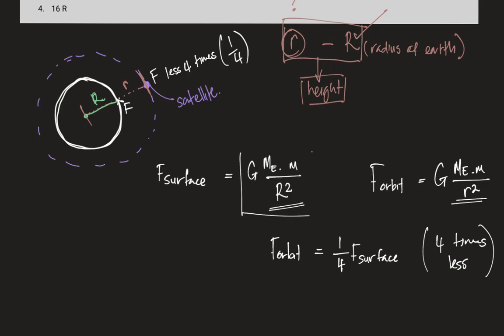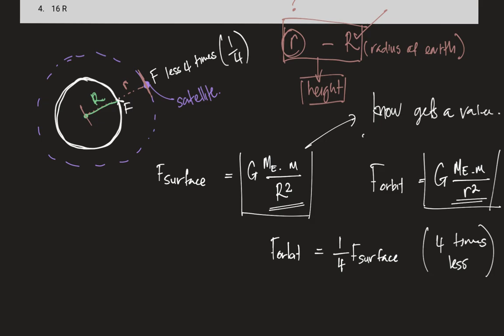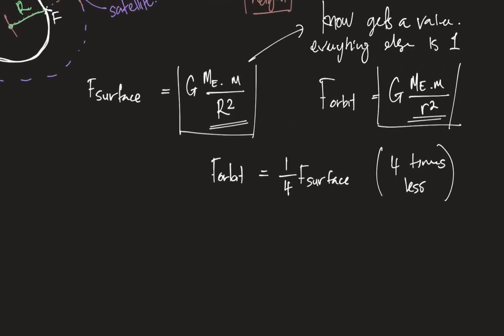The next thing I need to do is put in my formula. So I'm going to use these two formulas and bring them into my equation. Remember what I said. What we know gets a value, everything else is 1. So let's have a look at how that's going to sort itself out. Force of my orbit, I've got G, mass of the Earth times mass of the satellite over r squared is equal to a quarter multiplied by G, mass of the Earth, mass of the satellite, all over r squared.